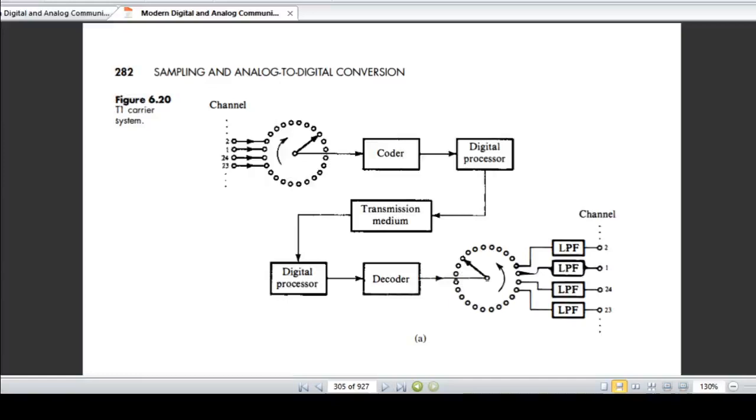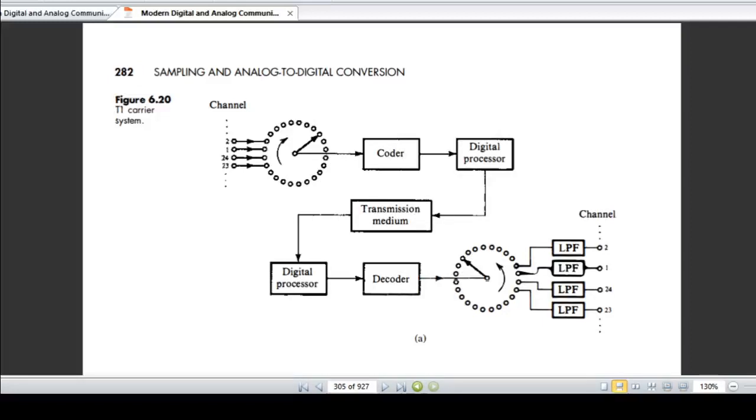The regenerative repeater eliminates the distortion introduced by the channel and removes the superimposed noise. It accepts the input pulse, and regenerates it by removing all the noise, so this ensures that the signal is free from distortion and noise.